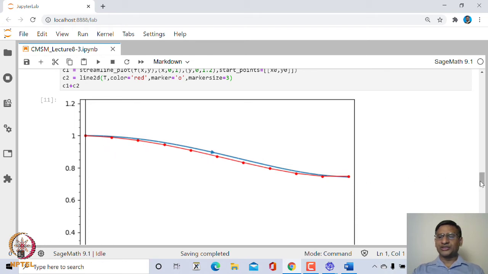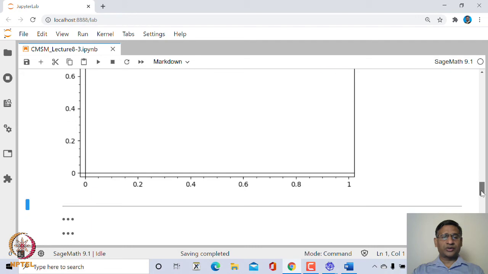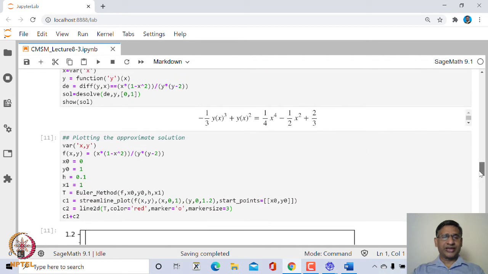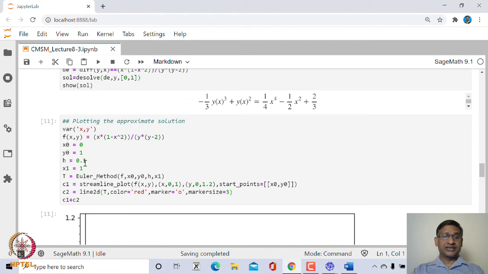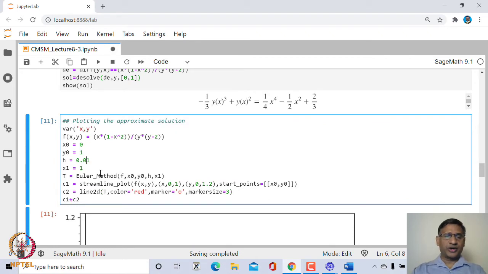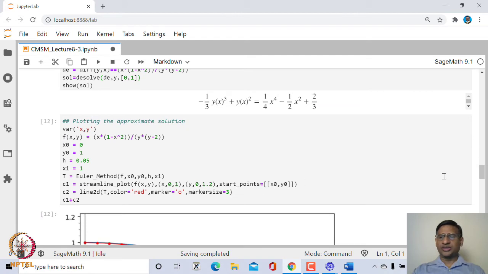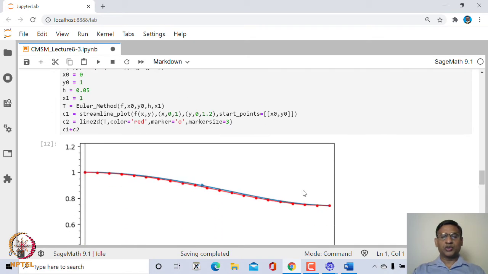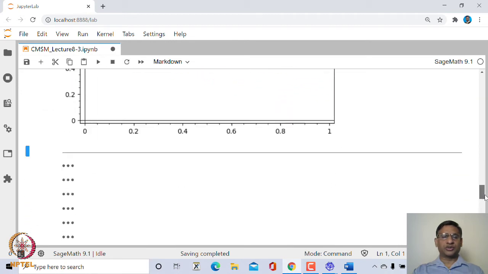Now suppose I decrease the step length, suppose I make it 0.05, then you will see that the approximate solution curve will be much closer to the actual solution, right. So you can try with even smaller step size and then see the approximate solution.